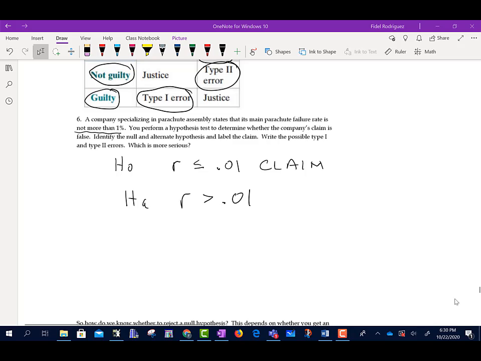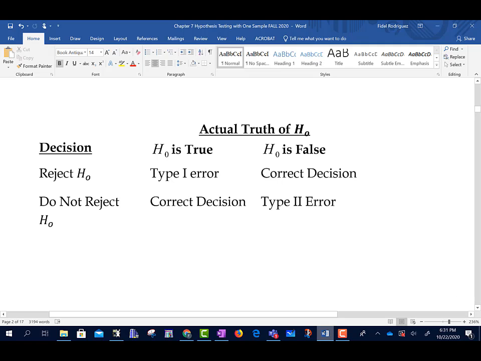So we're talking about parachutes here. Suppose we decide we're going to go skydiving. They're saying that the failure rate is less than 1%, and we're going to decide whether or not that's true. I'm just going to pull up this piece from our notes that I was working on earlier.